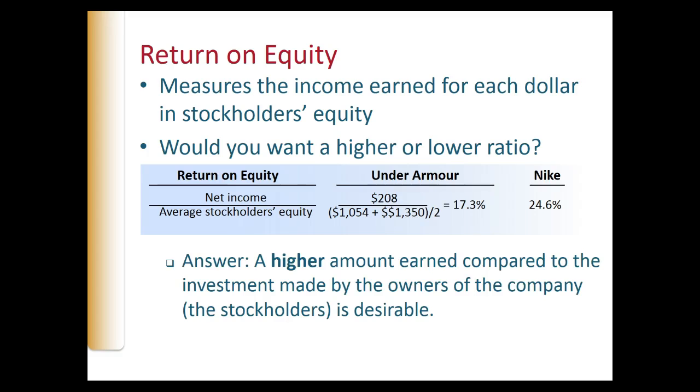Recall that Nike has a higher debt to equity ratio. Remember, debt can be good for a company as long as the return on investment exceeds the interest cost of borrowing. Both Under Armour and Nike enjoy returns well in excess of the interest cost on borrowed funds. By carrying greater debt, Nike is able to provide a higher return on equity in relationship to its return on assets, further benefiting the investors of the company.